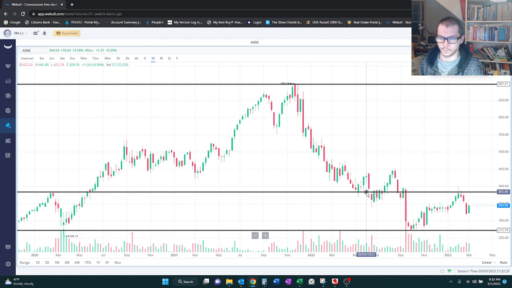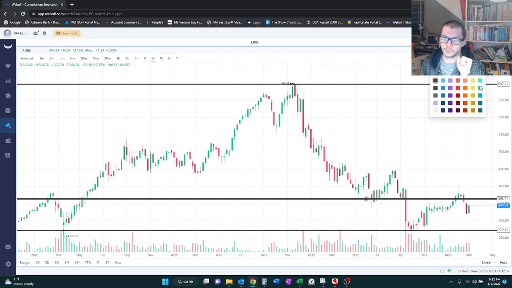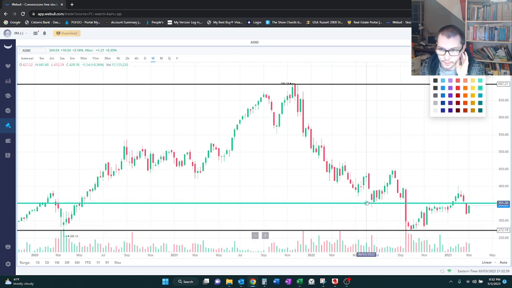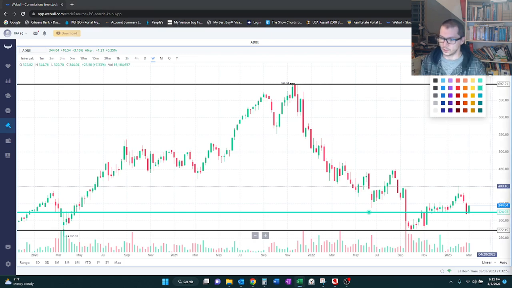We have this ultimate low for them at 272, and its peak was at about 697. If I'm looking for a buy point, which is going to be our green line, honestly, just at a brief moment, I would say about 324 would be my buy point, and it has potential to come back below that line.